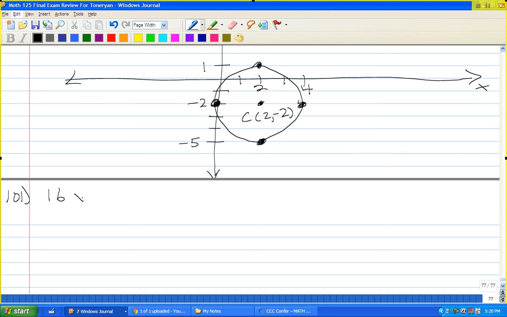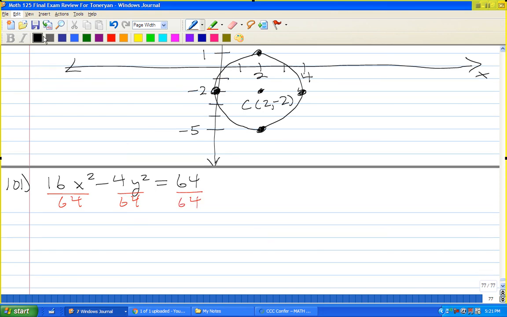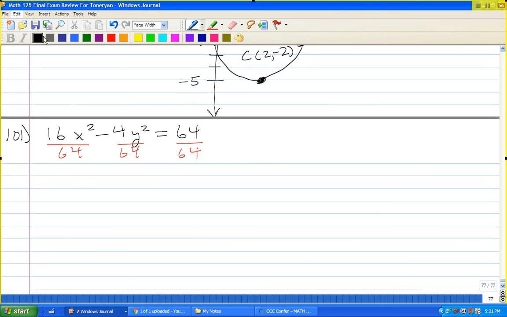16x squared minus 4y squared equals 64. Divide both sides of my equation by 64. And so I get x squared over 4 minus y squared over 16 is equal to 1.